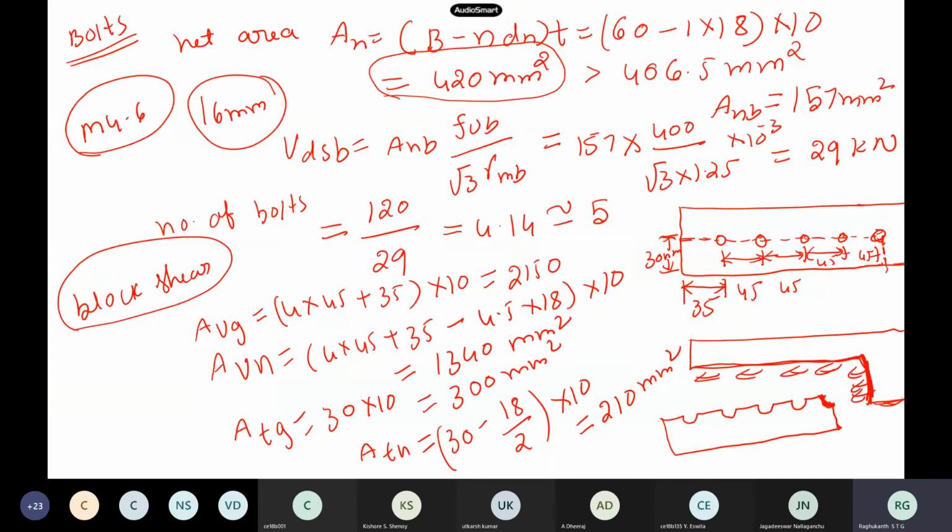So now we have all the areas: AVG, AVN, ATG, ATN. So just substitute in the block shear expressions. It is already available in the code itself. So TDB 1, you know all these formulas. AVG fy by √3 gamma m0 plus 0.9 times ATN fu by gamma m1.